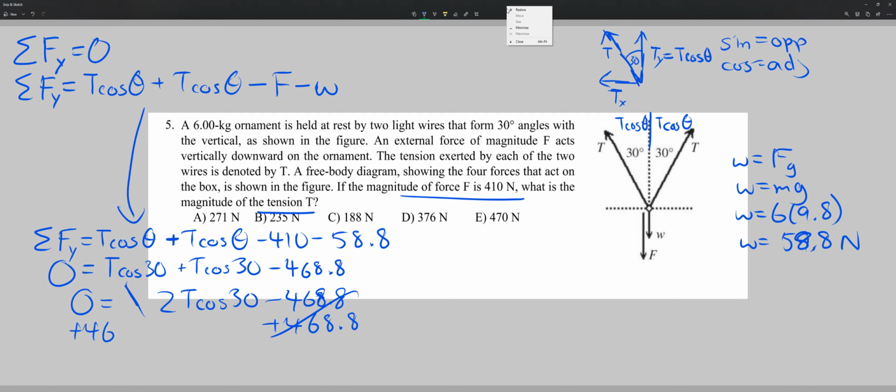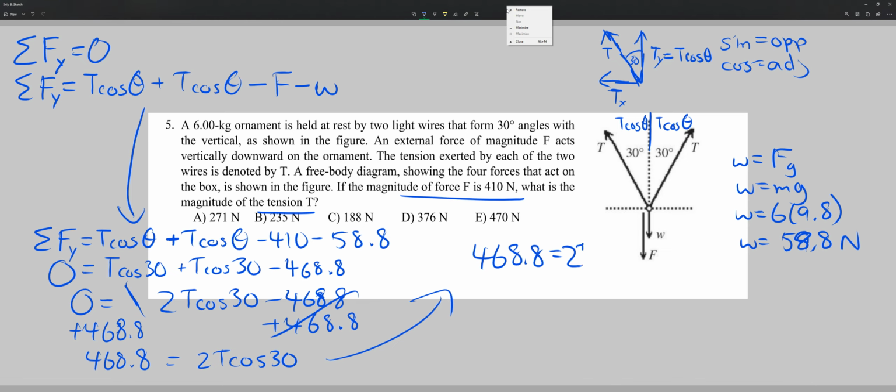So I'm just going to move this over here. 468.8 equals 2T cosine 30.